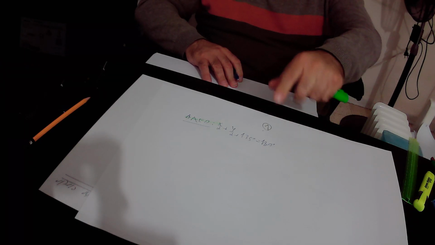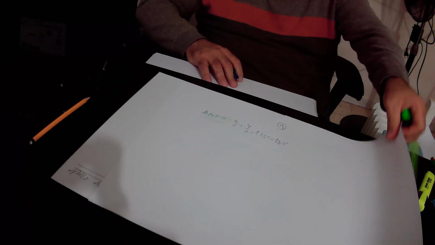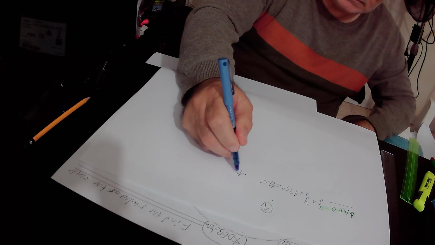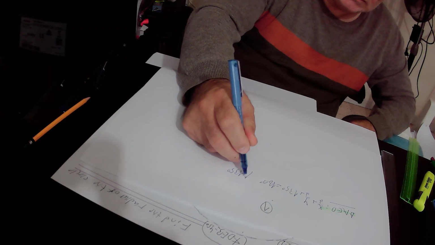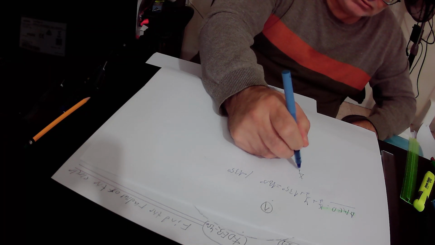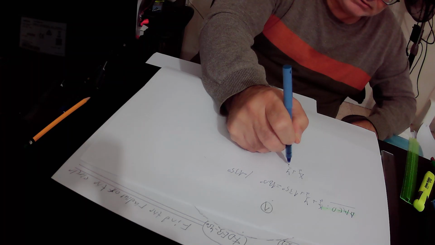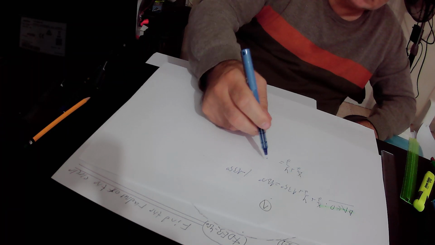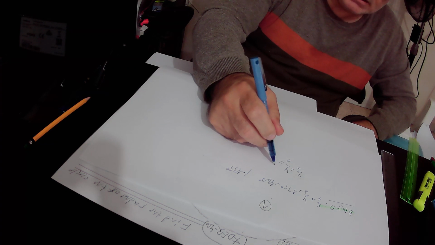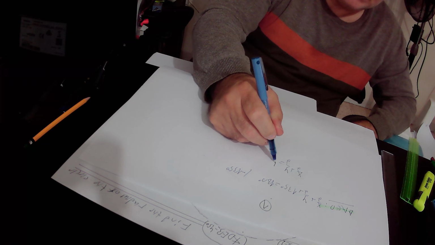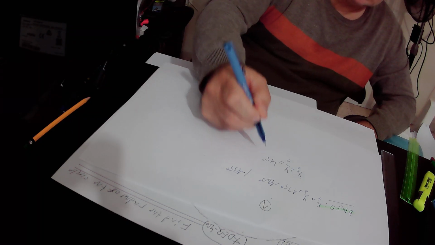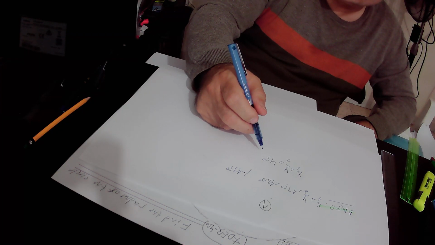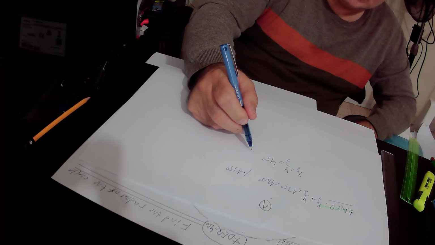We will subtract 135 degrees from this equation, and we get that x over 2 plus y over 2 equals 180 degrees minus 135 degrees, which equals 45 degrees. We will multiply this equation by 2.